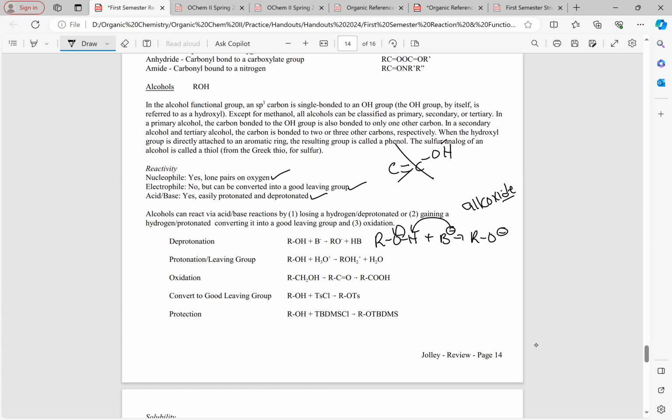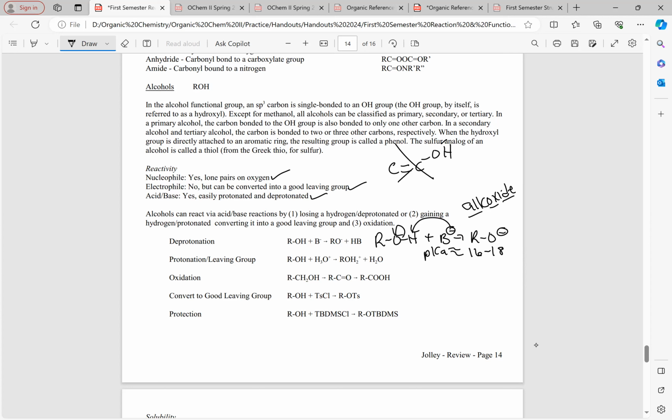Ide meaning negative oxygen, because it's the atom oxygen and it's connected to an alkyl group. So yes, we can make strong bases using a strong base. Seems counterintuitive, but sometimes you have to use one to make the other one. So yes, you can deprotonate them as long as the base is strong enough to rip off the hydrogen. And remember, they have pKa's around 16 to 18.